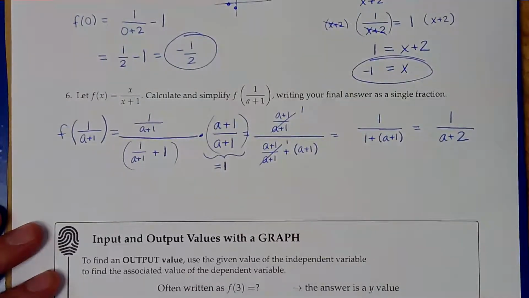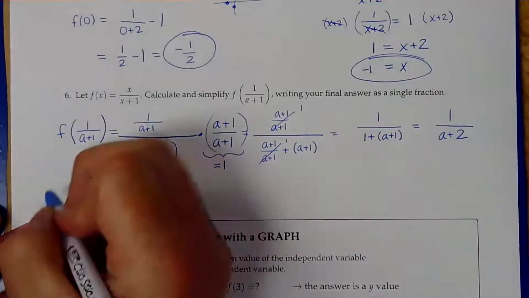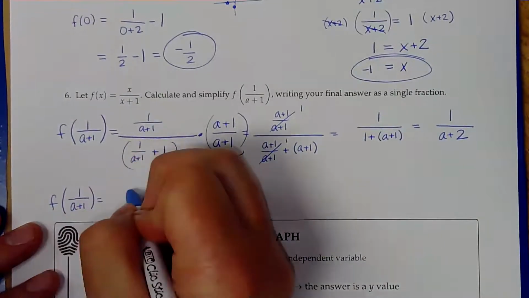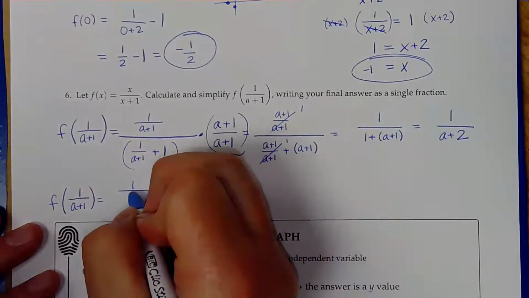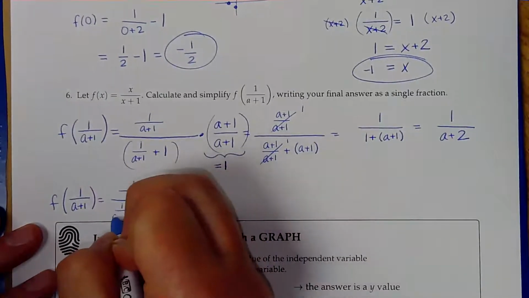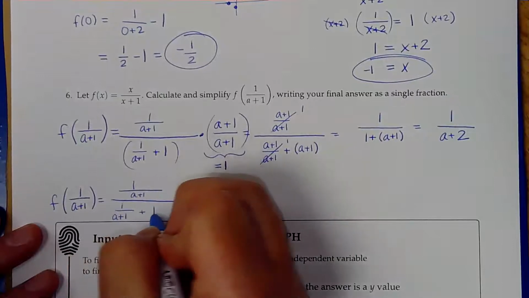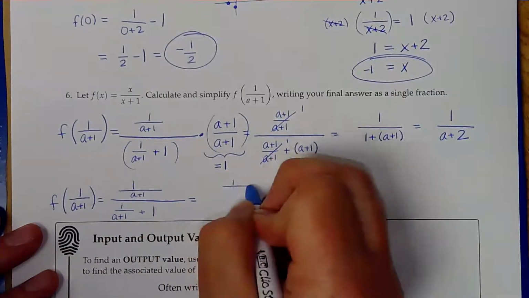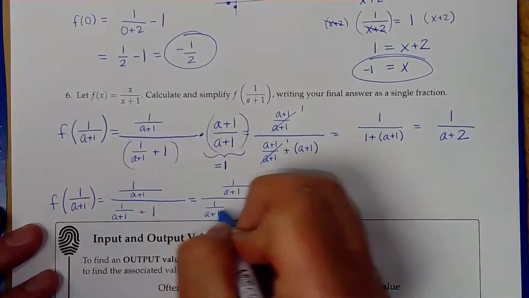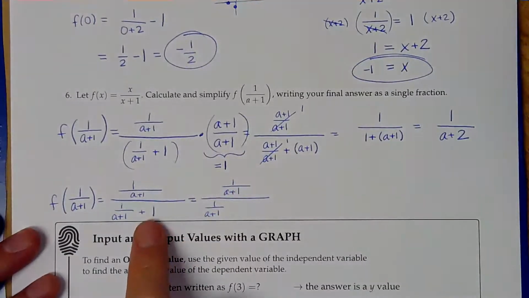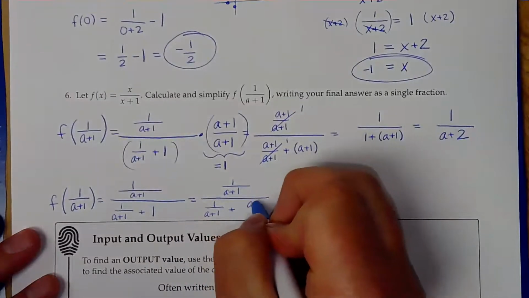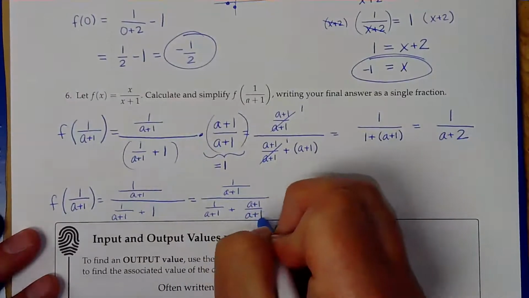Okay, so that's one way of tackling it. The other one that I talked about a minute ago was doing this common denominator thing. So let's actually take a look at that so you can see what that looks like. So I have 1 over a plus 1 over 1 over a plus 1. And then I'm going to switch out this 1 with a plus 1 over a plus 1. Right?